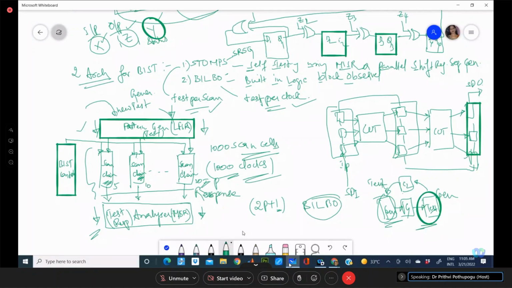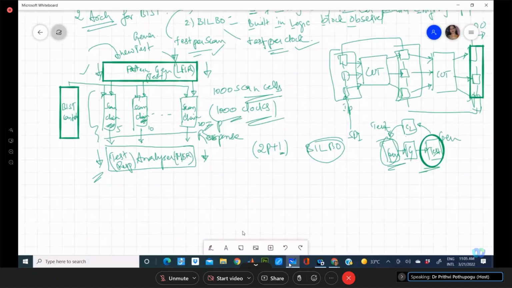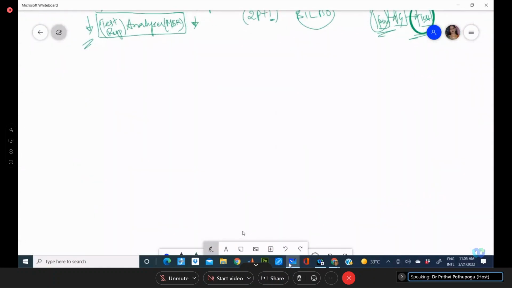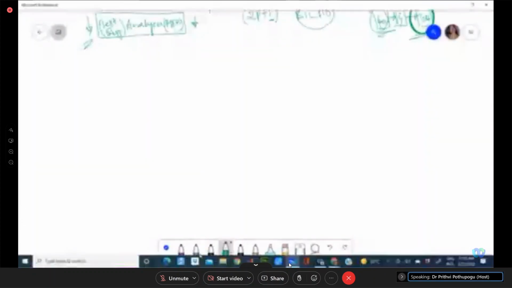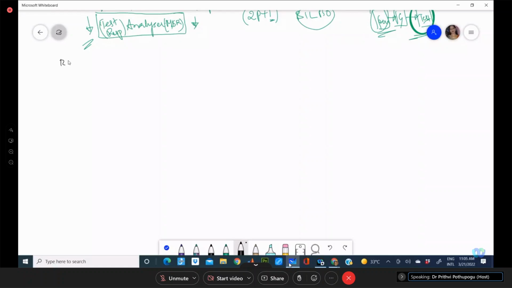Okay, so the flexibility you have in this built-in logic block observer is that the registers in your BILBO can be used in such a way that some setup you can use for generating the test patterns.